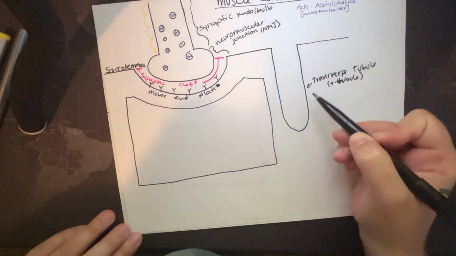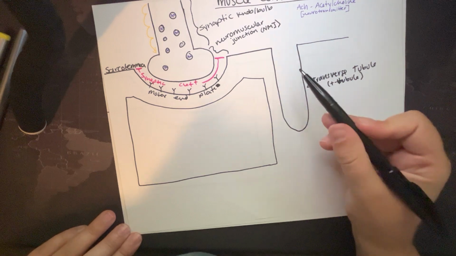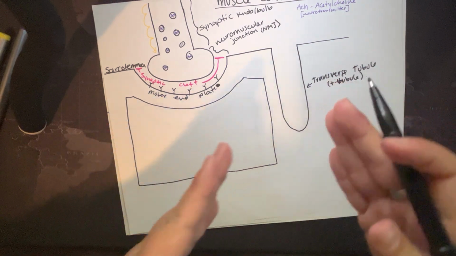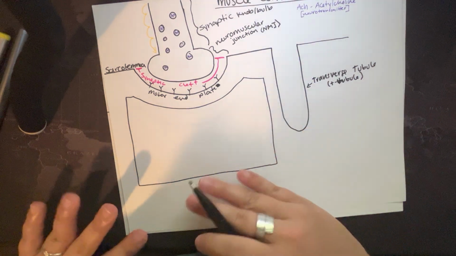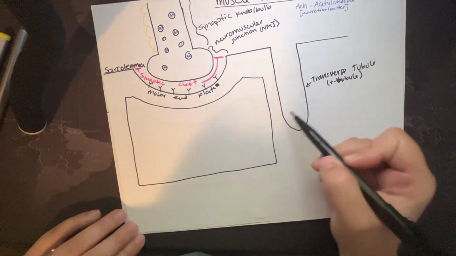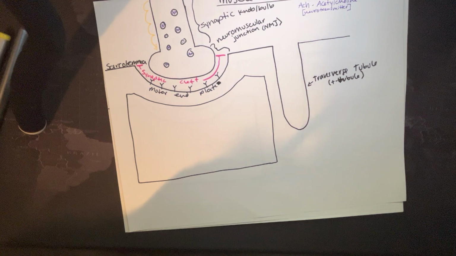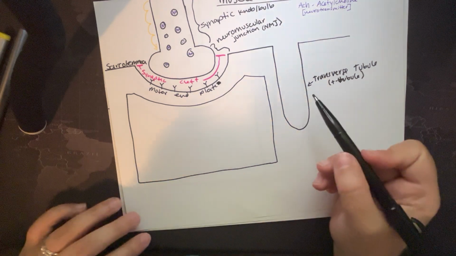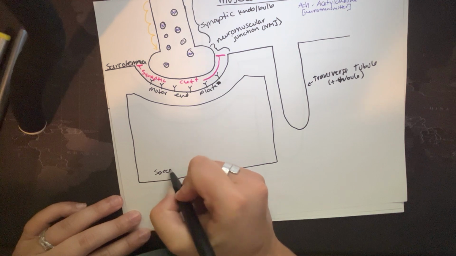And as we looked at in the slides, this is not what our T-tubule looks like, and it also sits on top of our sarcoplasmic reticulum. But for this picture, in order to draw it out properly, this is how we're going to do it. Just keep in mind that this is not where they sit when we actually look at our muscle fiber. Because next, we are going to have our sarcoplasmic reticulum.